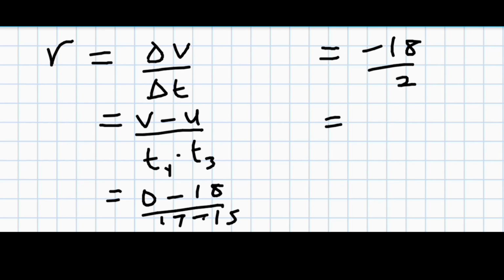Of course, we are going to have minus 9 meters per second squared. And we ask ourselves, why is it minus 9 meters per second squared? It is minus 9 meters per second squared because the body is coming to rest, retardation.